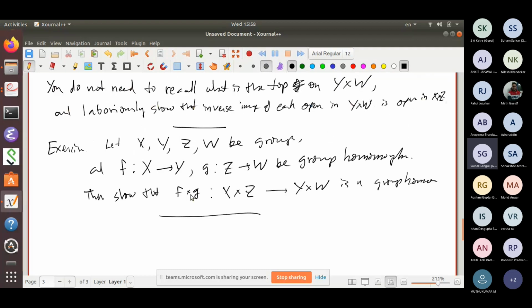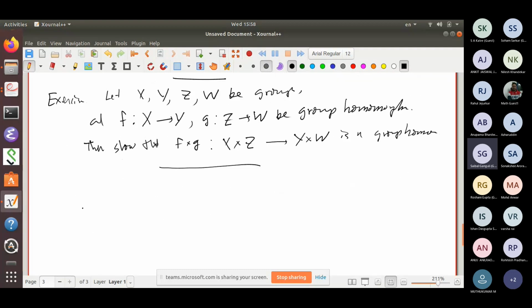Now let's go to the other kind of maps, which are quotients. So I have said enough about sub. Now I'm talking about quotient morphisms. So first, let us do it in sets.